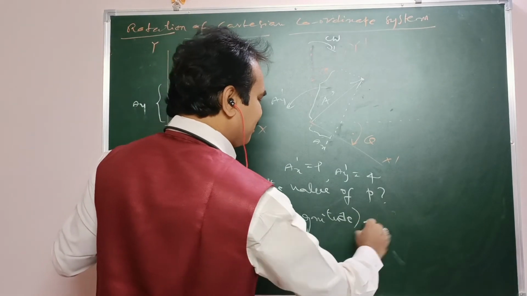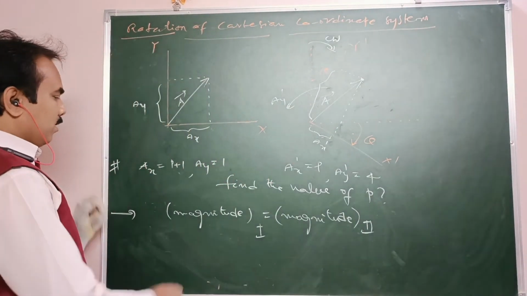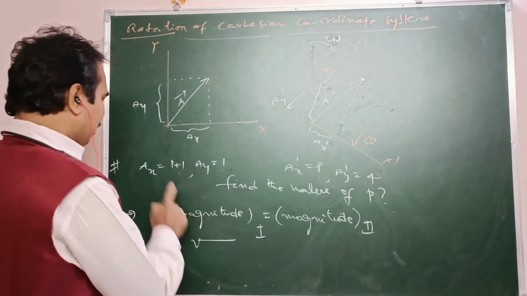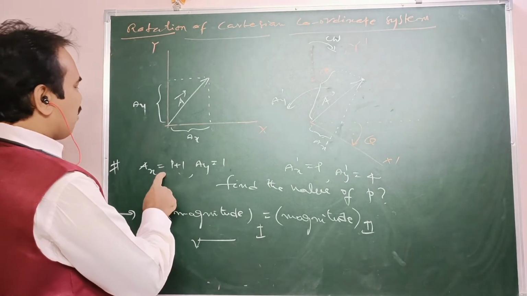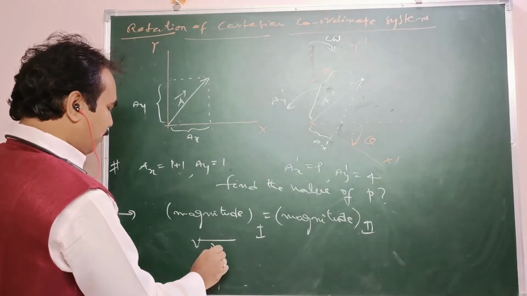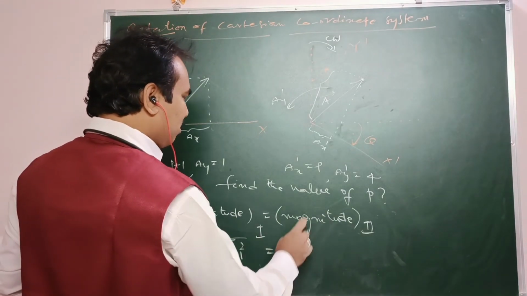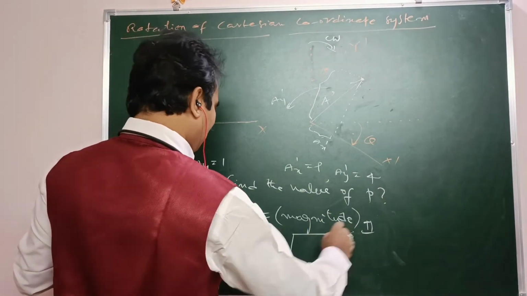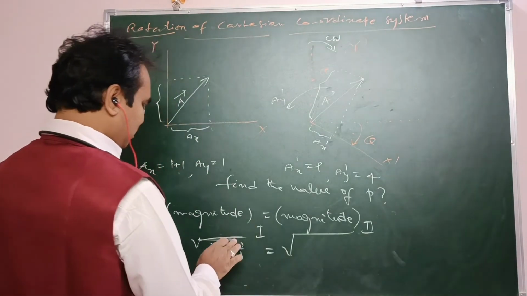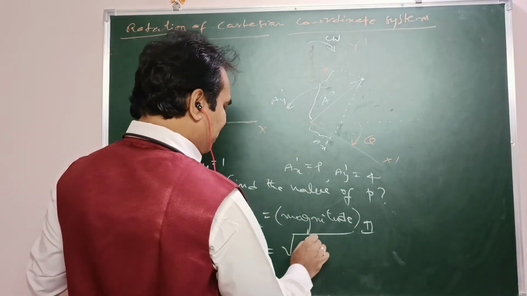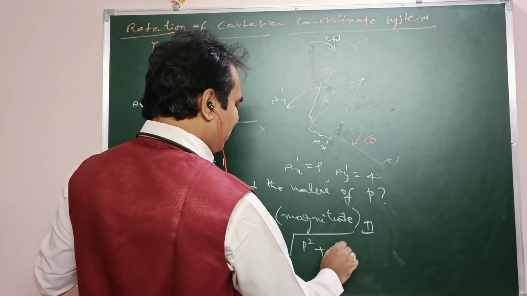Okay. What about magnitude means root over x component square plus y component square, that is root over (p plus 1) square plus 1 square equal to, after that root over x component square means p square plus y component square means 4 square.